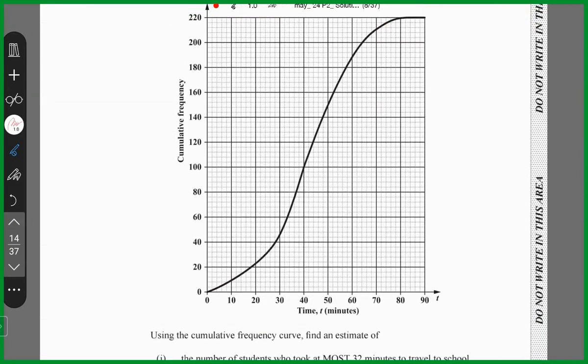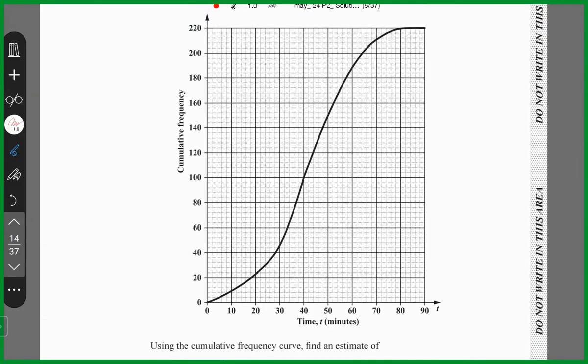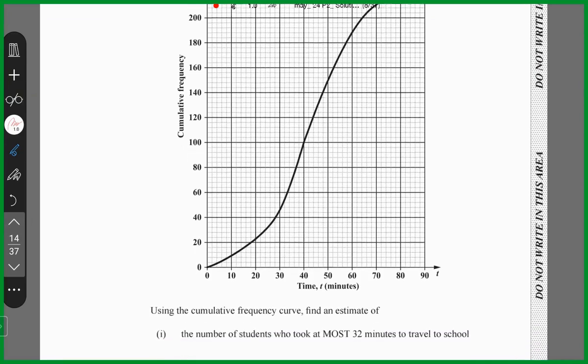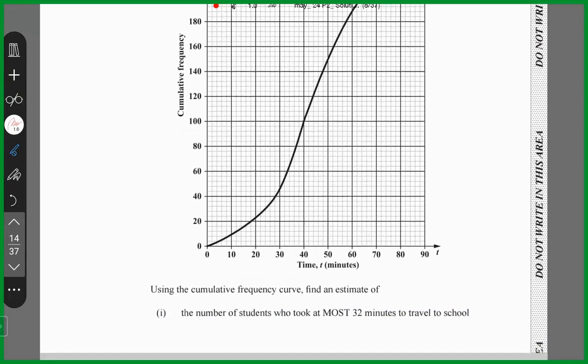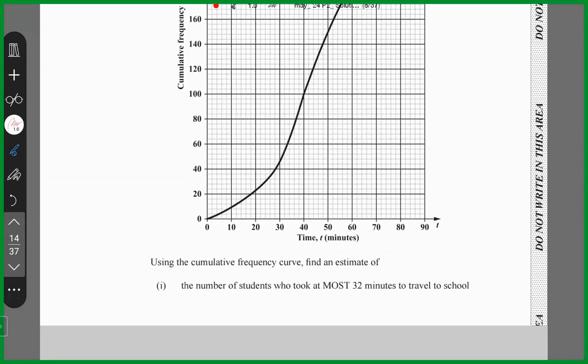All right, so it's the time taken for each student to get to school. This is 220 students. Using the cumulative frequency curve, find an estimate for the number of students who took at most 32 minutes to travel to school.